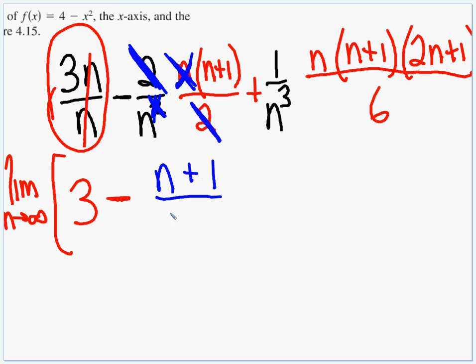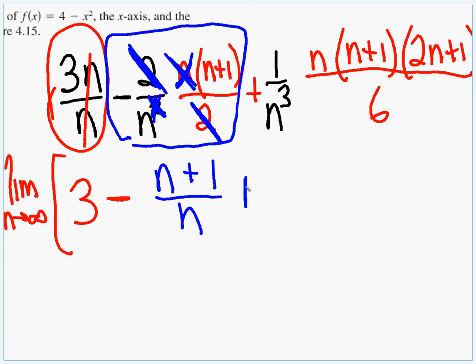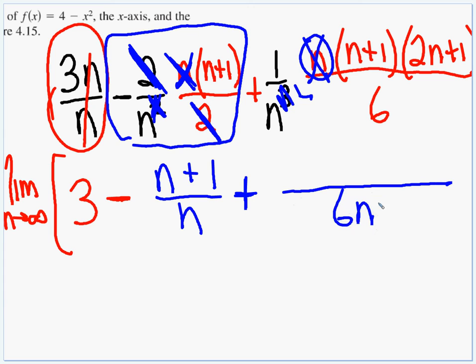And that takes care of this middle term. And now plus our last one here, we have an n here, we'll cancel. Now this is down to squared. So my denominator for this one is a 6n squared. And we FOIL out the numerator. Same two binomials again. So that's a 2n squared plus a 3n plus 1.